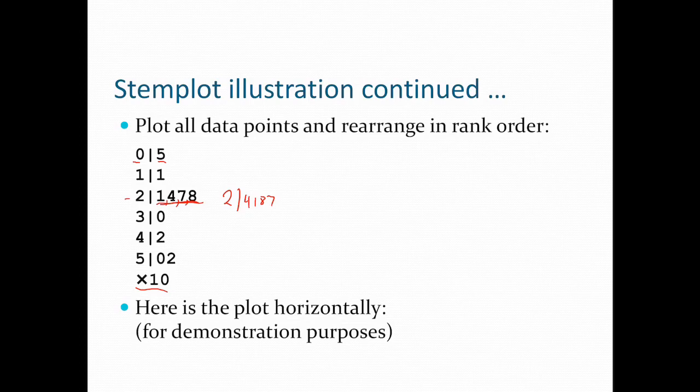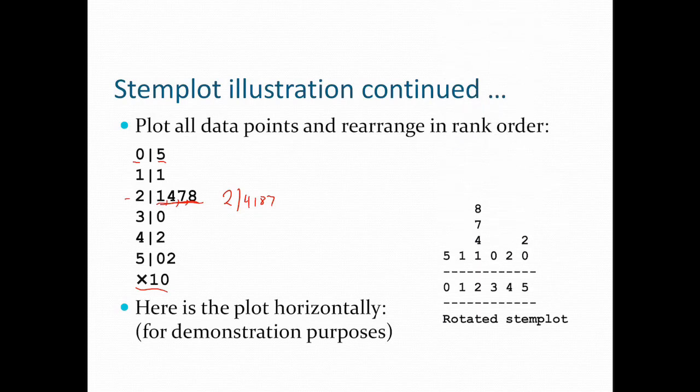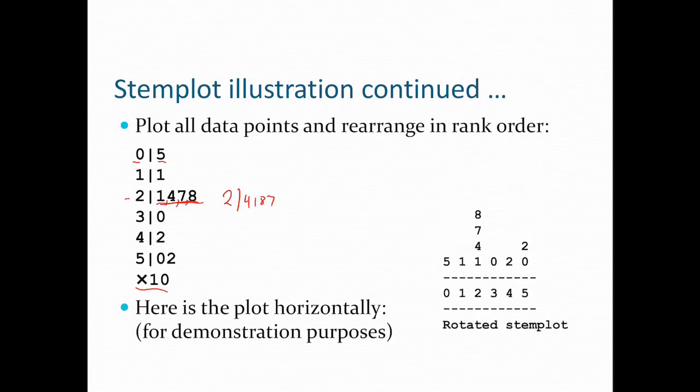They have to be in ranked or ascending order. And for horizontal purposes, once we rotate it, what you're going to see is a histogram chart in a very simplistic form. If you rotate it sideways, it starts to display a histogram chart, and that's what the stem and leaf plot will eventually turn into, and you can use it for that.